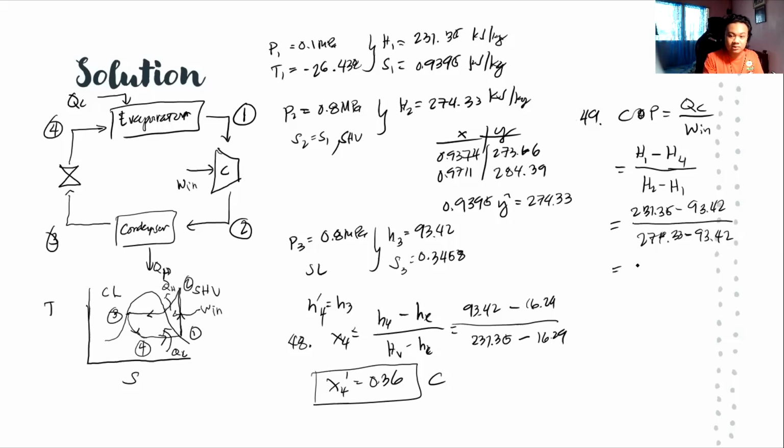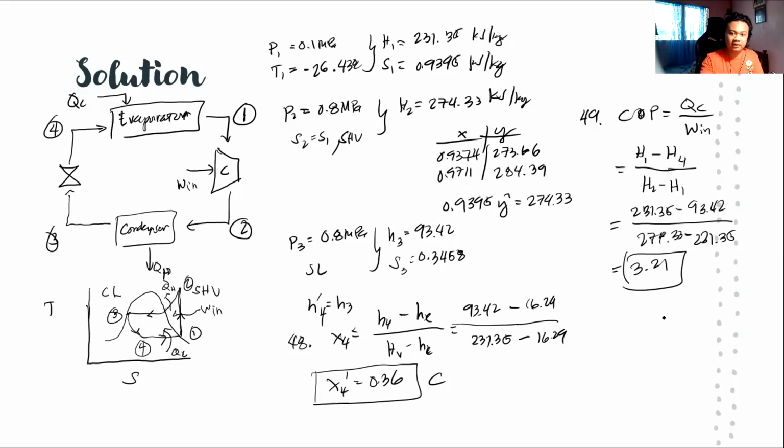So we can get 3.21. Okay, that's how you get the COP for number 49.